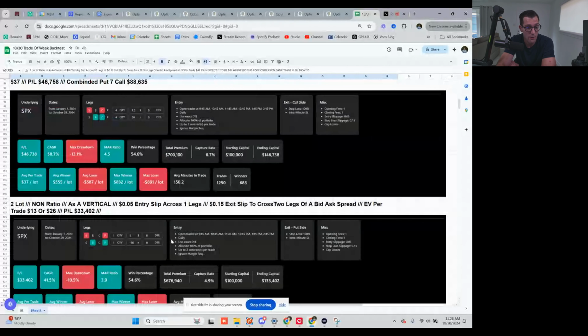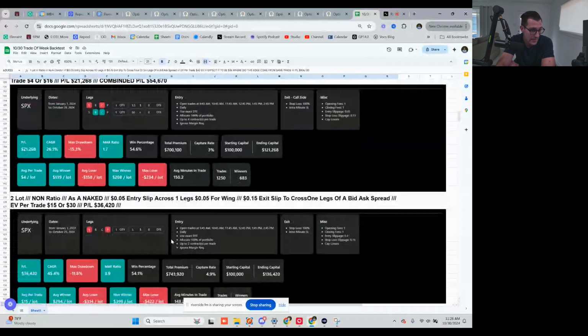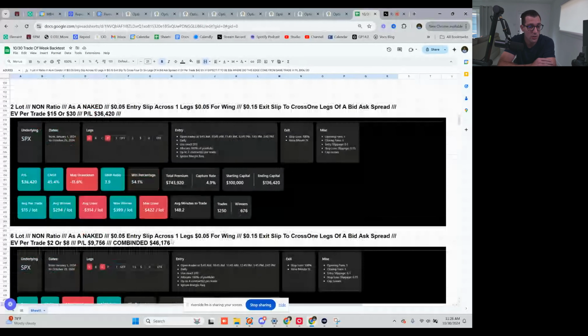The last one I would like to show is when we test these naked. I personally think we should all test these naked because it's better to bring in the assumptions. And I think it's most responsible to only manage the short leg because we will pay less slippage over time. So on this one, when I show it naked as a one lot, and then I apply those 2 contracts, I am assuming 10 cents entry slippage: 5 cents to cross the bid-ask spread of the naked leg, and then 5 cents for the wing, which is basically thrown away on that entry.